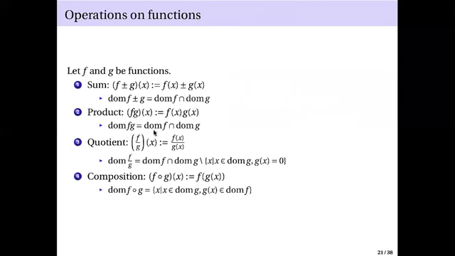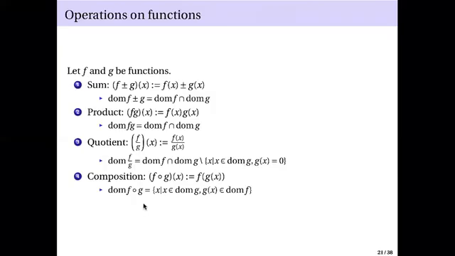The domain of the product, it's the intersection of the domains. For the quotient, there's an additional condition. So domain of f over g, it's the intersection of domain of f and domain of g, but we take away all the x's that will make the denominator 0.